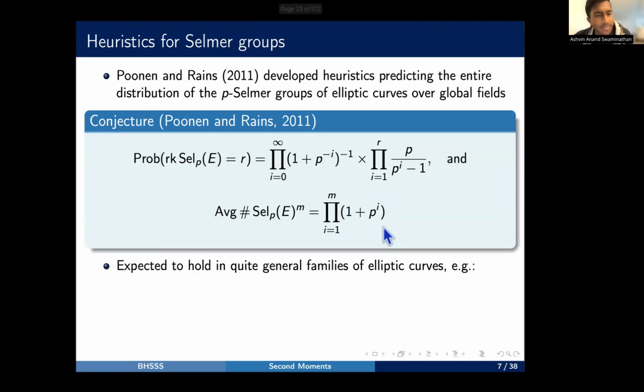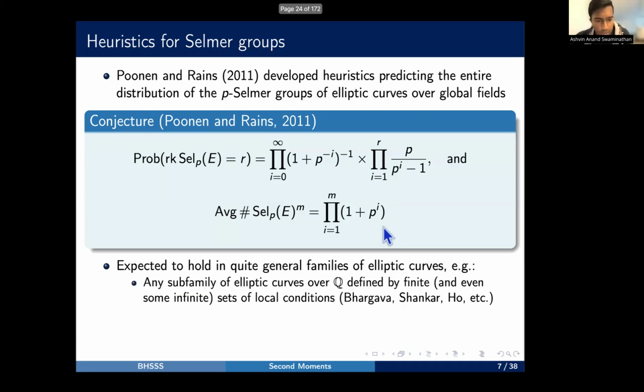And some remarks about this conjecture. It's expected to hold in actually quite general families of elliptic curves. So this is not just a conjecture for all elliptic curves over a field. You could look at a subfamily of elliptic curves over Q, say, that are defined by finite sets of local conditions and even some infinite sets of local conditions. And this is the setting in which people like Bhargava, Shankar, and Ho have been working and proven many results towards these heuristics in those cases.